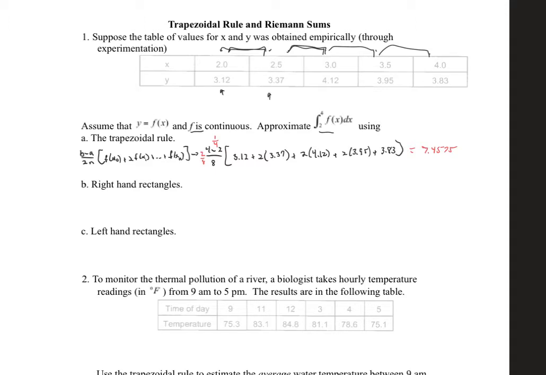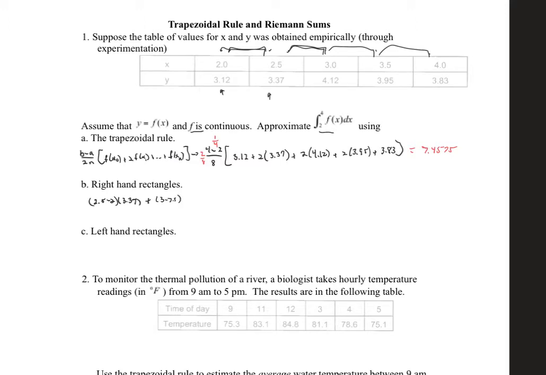Okay, using right-hand rectangles, now we're going to use the right side. So our first rectangle is going to have a base times height. Base is going to be our delta x, so that's 2.5 minus 2, times the height, which is the right side, the 3.37. Likewise, the next one is going to be 3 minus 2.5.